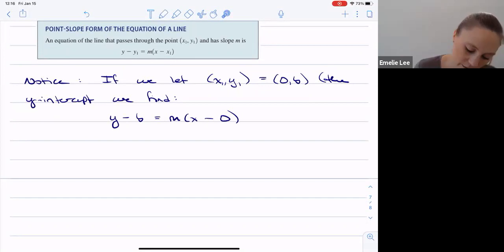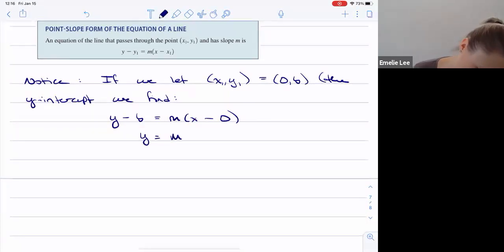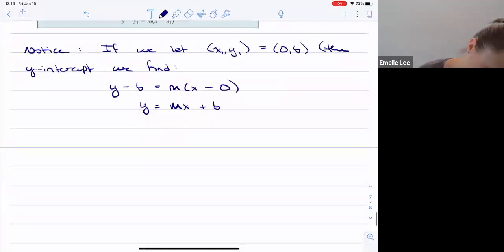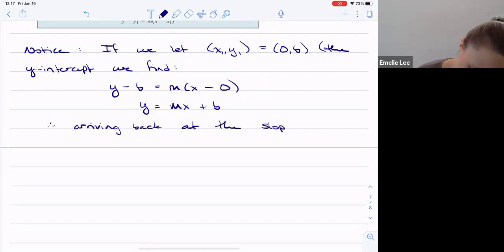Then if I rearrange this, m times x minus 0 is just mx, and I can add this b over here. So what I land on is y equals mx plus b, therefore arriving back at the slope intercept form of the line.